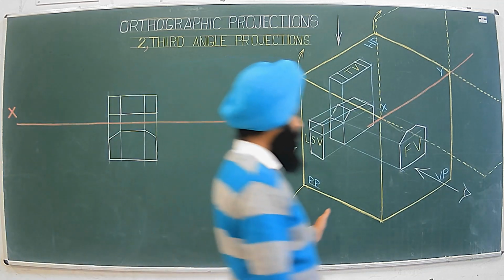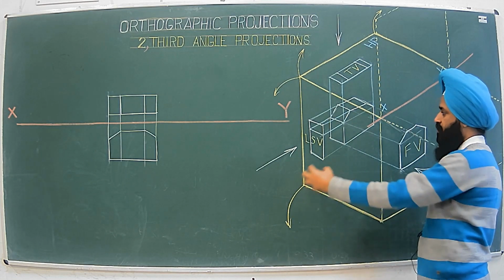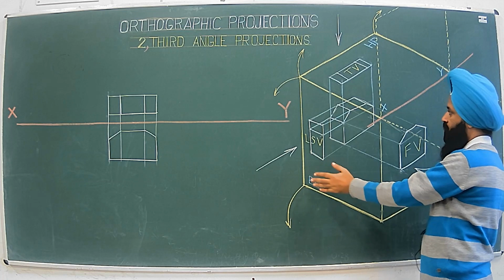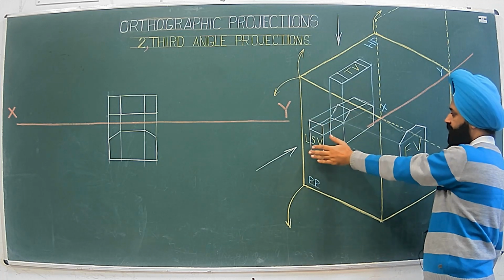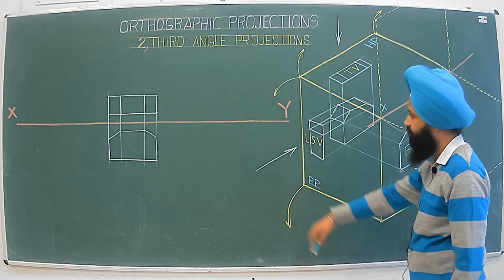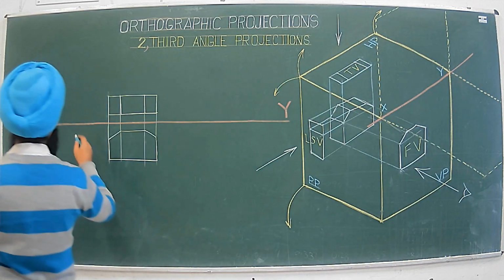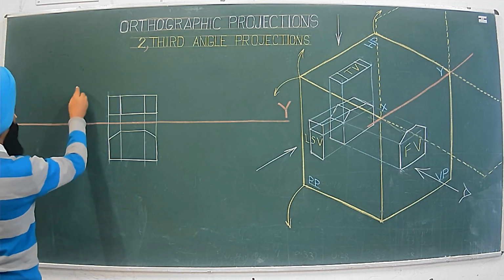Now here we can see we have a profile plane. On this we have drawn the left side view. When this profile plane is rotated about this line, it comes in line with the front view.